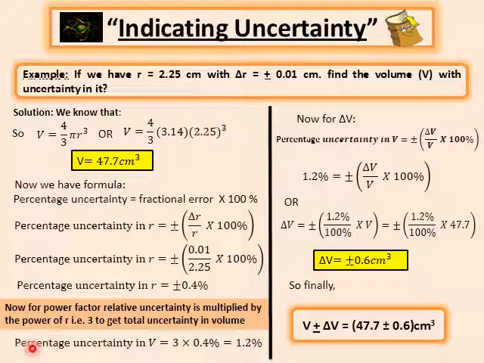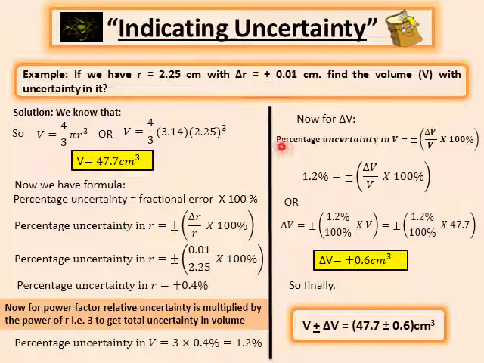So the percentage uncertainty in volume V is equal to 3, the power of radius R, multiplied by 0.4. So we get the percentage uncertainty in V equal to 1.2%.